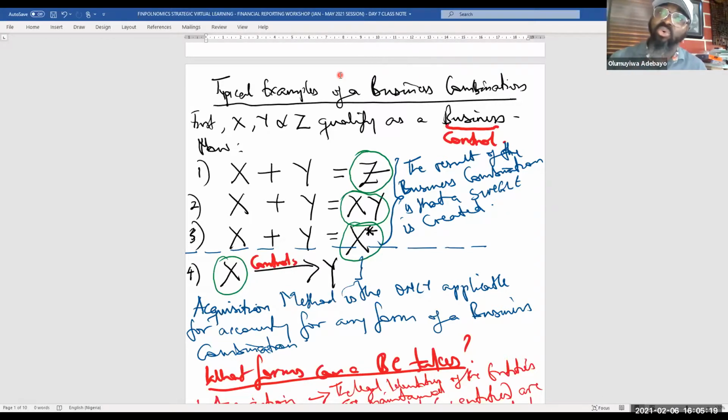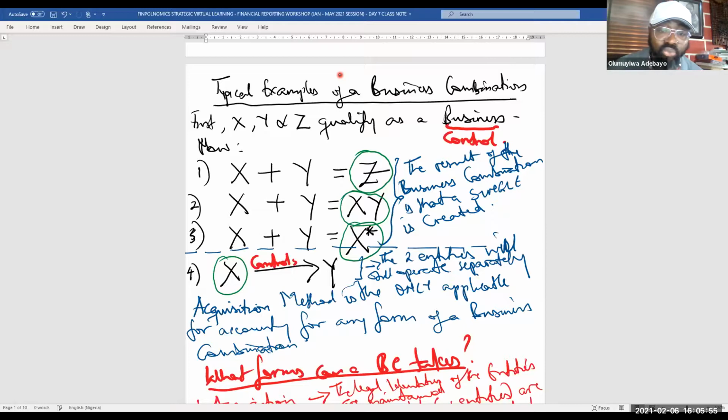Because later on, it will be made known that a group consists of a parent and at least a subsidiary, if not more. Whereas here, the two entities will still operate separately.